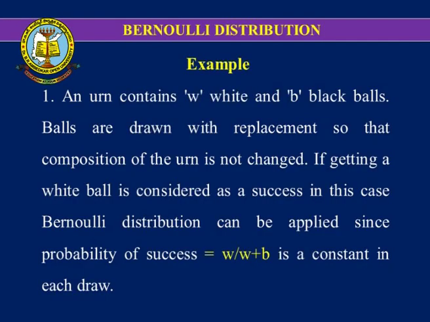And what is the probability of success? Here we assume a white ball is a success. So drawing a white ball is called the success. The probability of success is W by W plus B. Why W plus B? According to the probability definition, it is the number of favorable outcomes over the total number of outcomes. The total number of outcomes is W plus B, since the urn contains W white balls and B black balls.